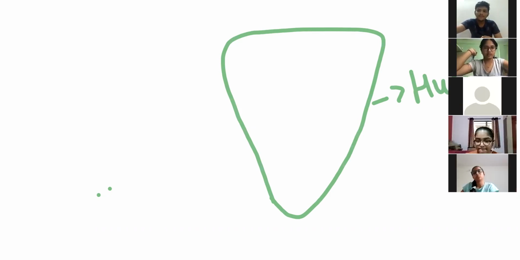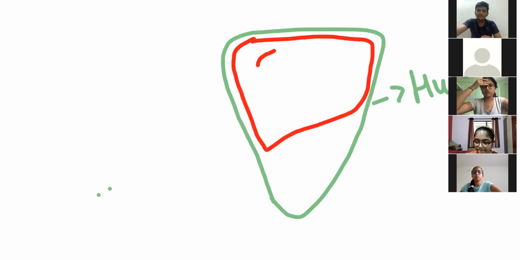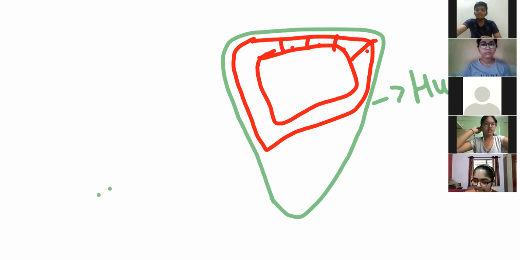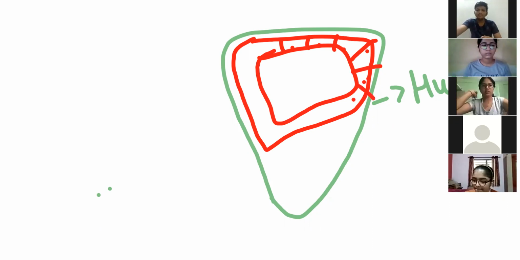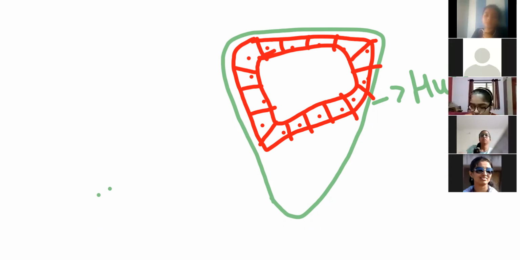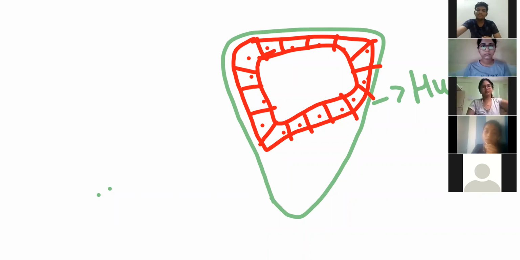Next, under the hull, over here in the broader region, which layer is present? Aleurone layer.